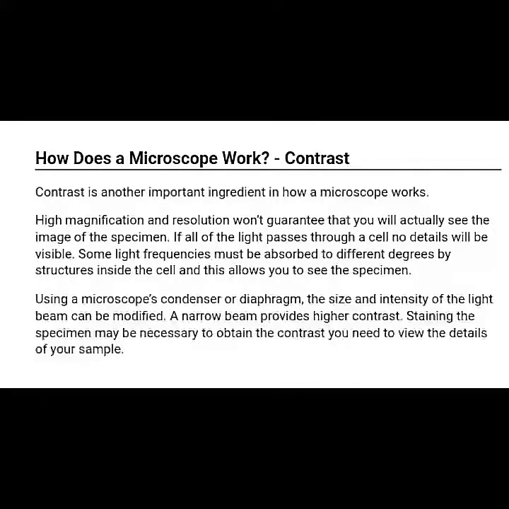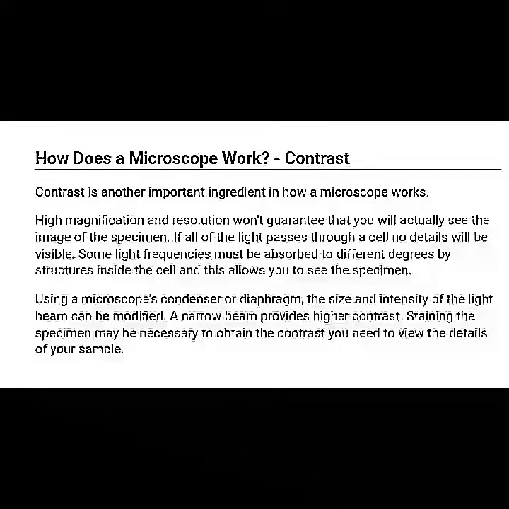Some light frequencies must be absorbed to different degrees by structures inside the cell, and this allows you to see the specimen. Using a microscope's condenser or diaphragm, the size and intensity of the light beam can be modified. A narrow beam provides higher contrast. Staining the specimen may be necessary to obtain the contrast you need to view the details of your sample.